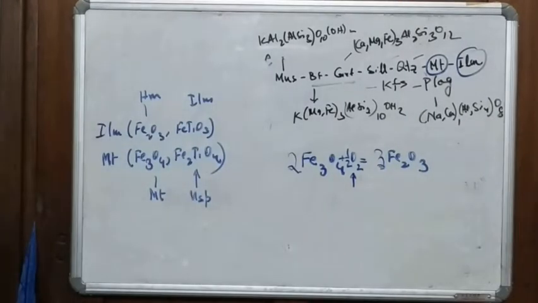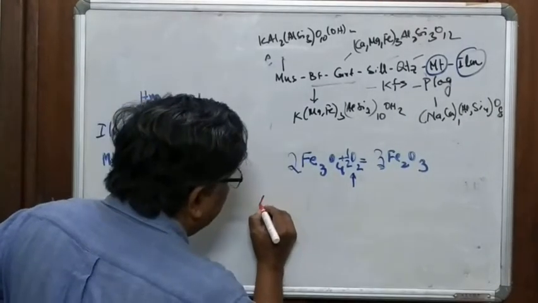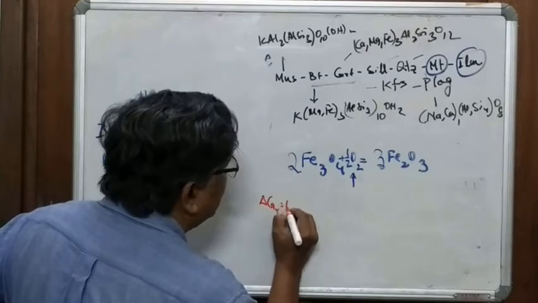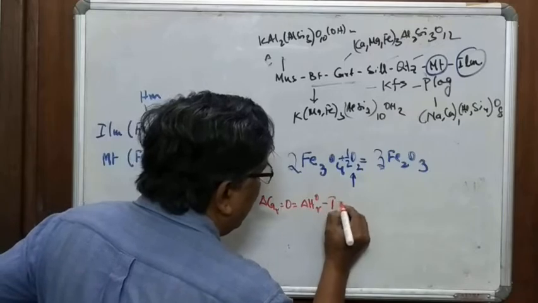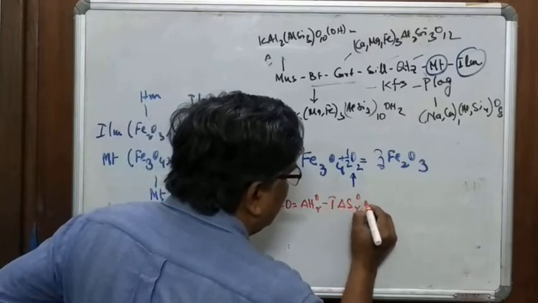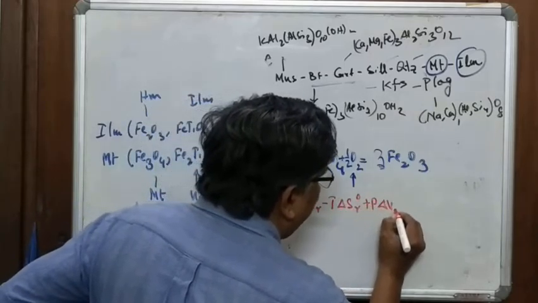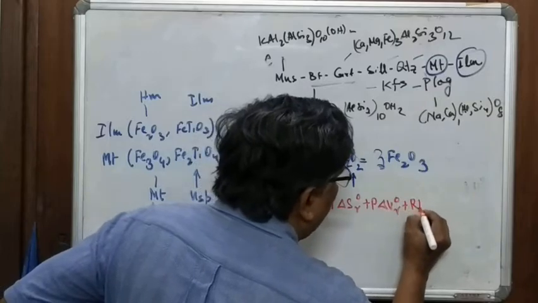So if I do it this way, then I can write delta GR is equal to 0 is equal to delta HR0 minus T delta SR0 plus P into delta VR0 plus RT ln.